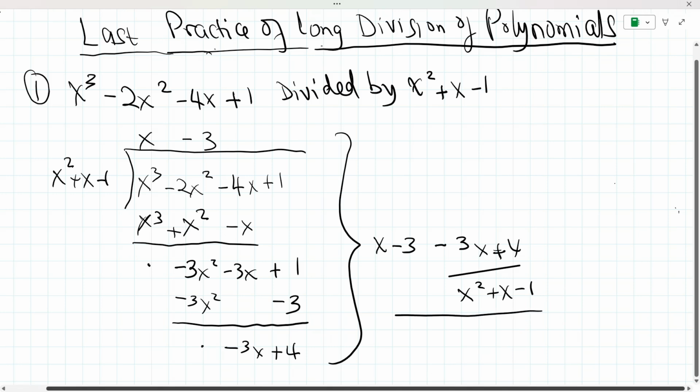And that becomes our final answer. I know this is quite teasing, but when you practice more, you'll get familiar with doing it.